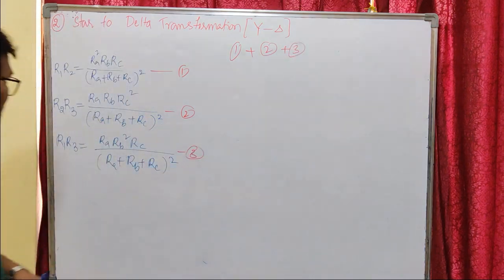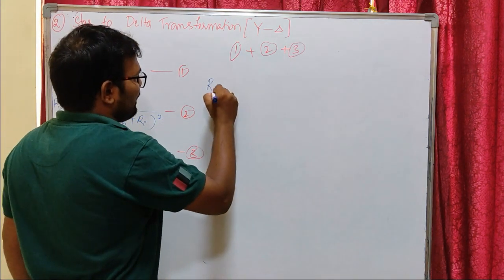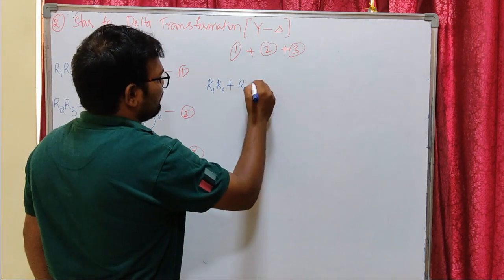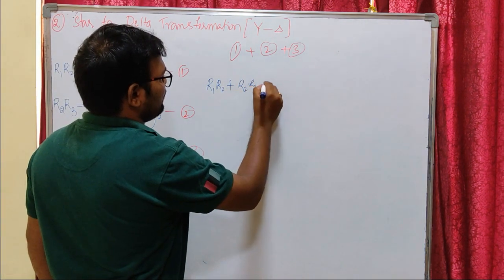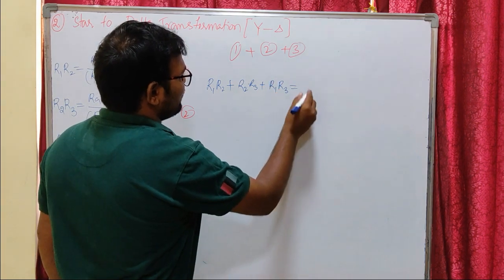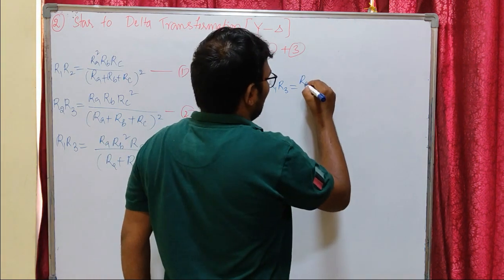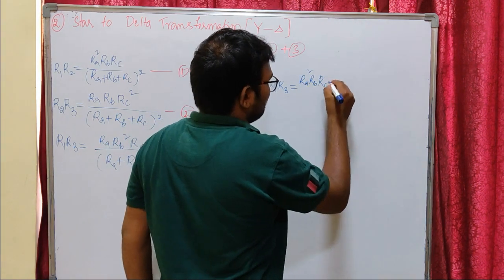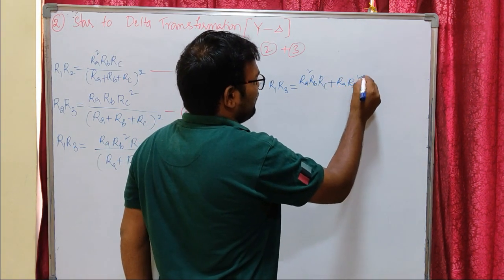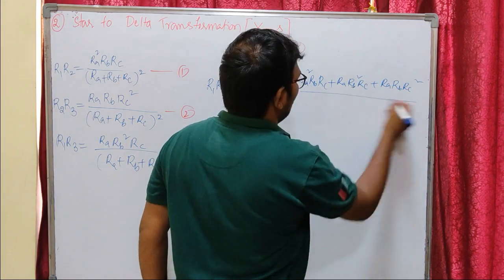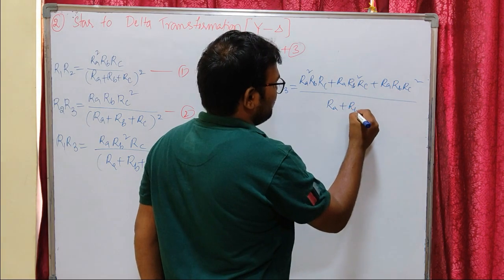That will become like this: R1 R2 plus R2 R3 plus R1 R3. This will be equal to RA square RB RC plus RA RB square RC plus RA RB RC square, whole by RA plus RB plus RC whole square.